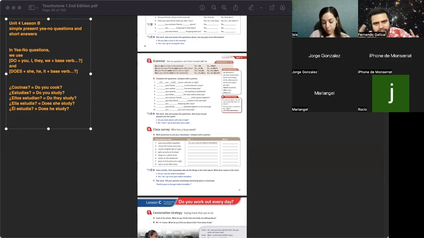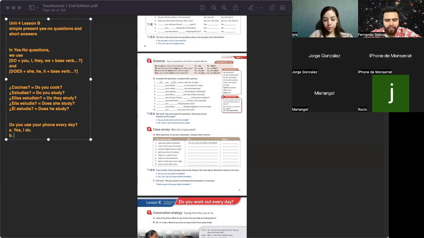Now, if I ask the question, do you use your phone every day? What are the two possible short answers? Yes, I do, or no, I don't.